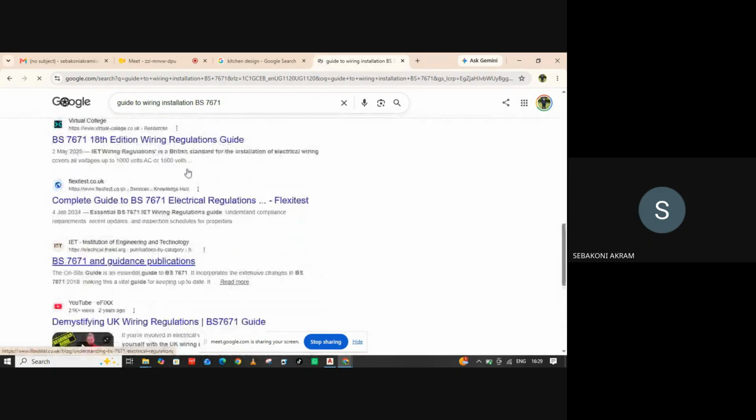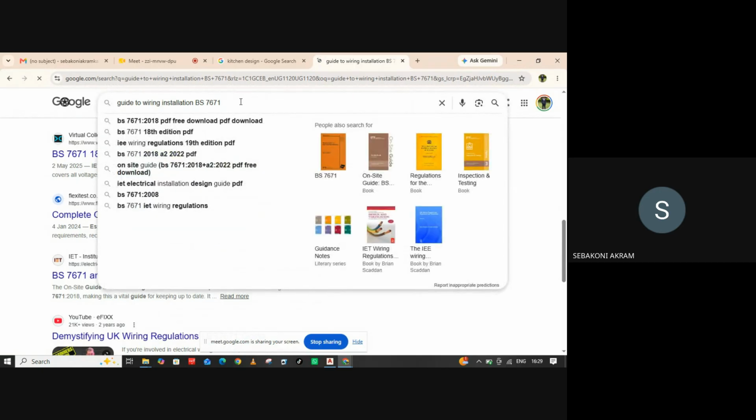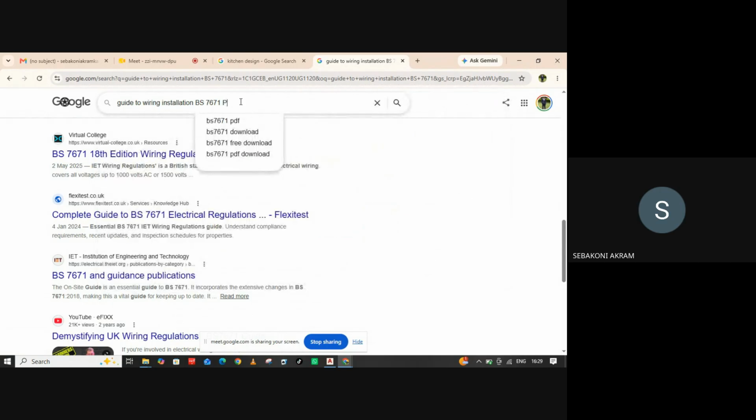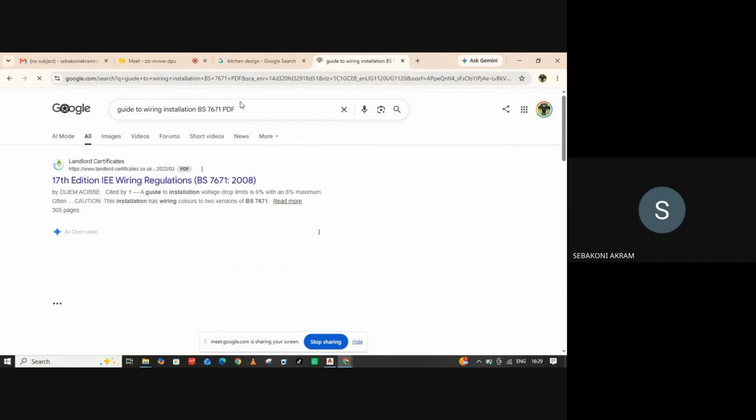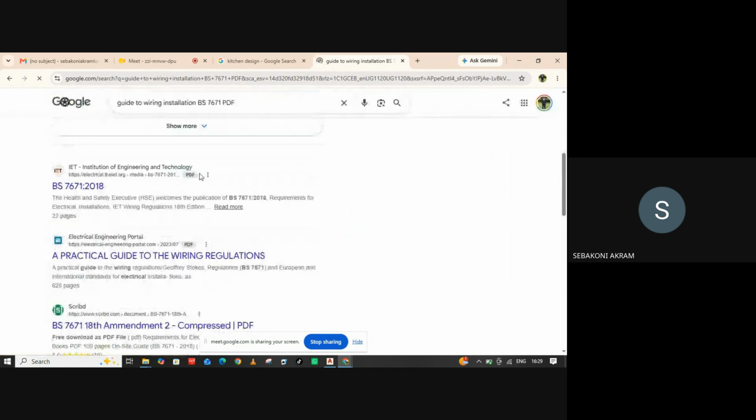I don't know whether I'll come across it here. This one. This is wiring regulations, no? The other one is wiring. Let me first see this one.